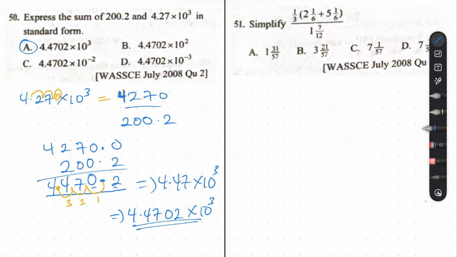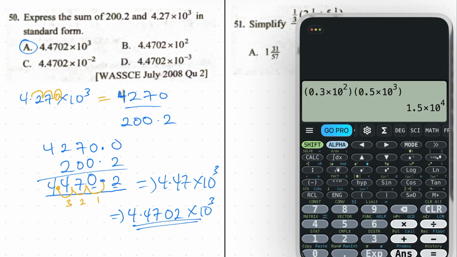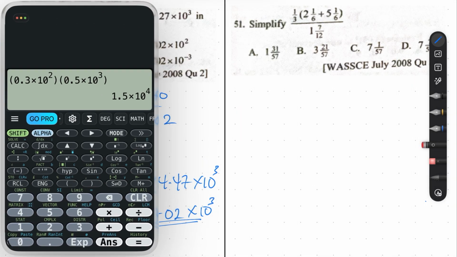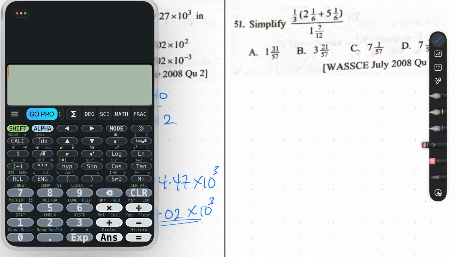Let's move on to question number 51. Simplify this expression. So we can just use our calculator. Let's put everything on the calculator because that is faster. I have 1 over 3.